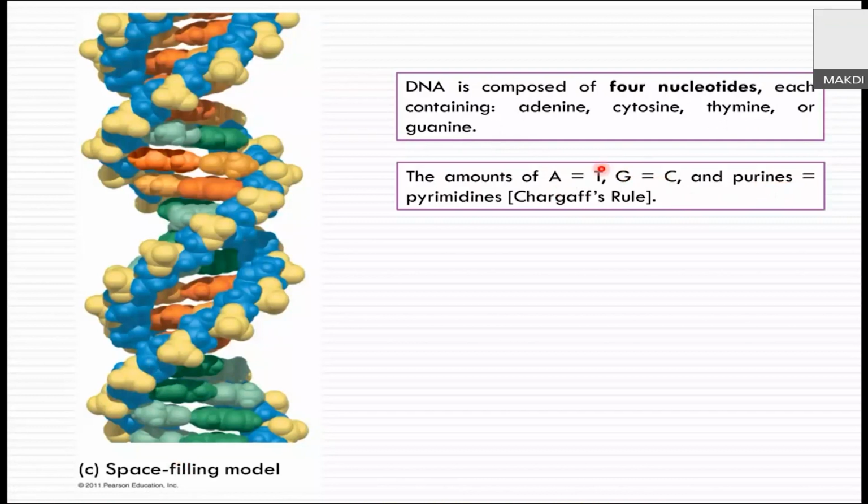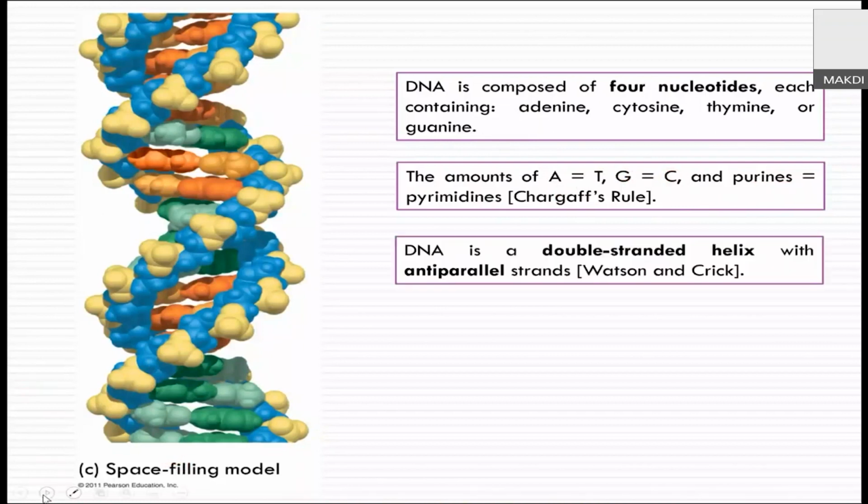T and C are pyrimidines because they have a single ring. This one is chemistry. Based on the structure, Watson and Crick stated that DNA is a double helix, double-stranded.